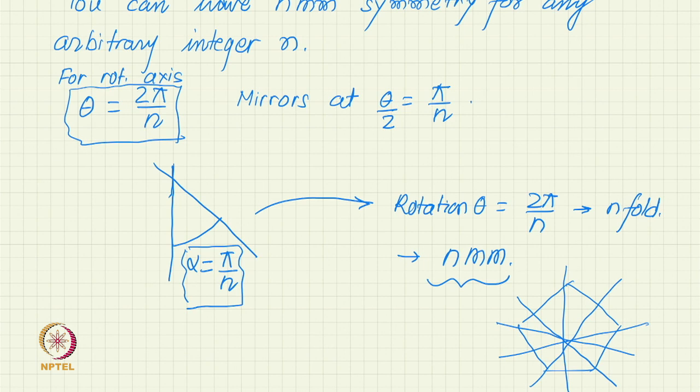So, the mirrors are at 36 degrees. If you take theta equal to 37 degrees and combine your mirrors, you will keep getting an inconsistent set of mirrors, meaning you will never come back to an original mirror. So, you will keep generating newer mirrors.